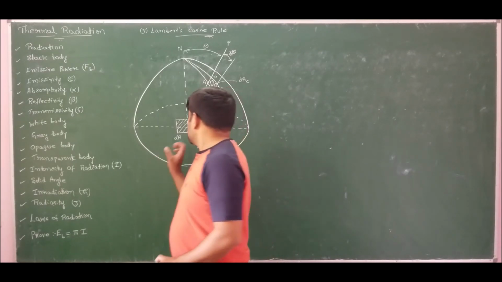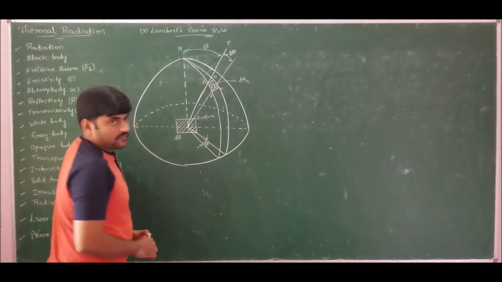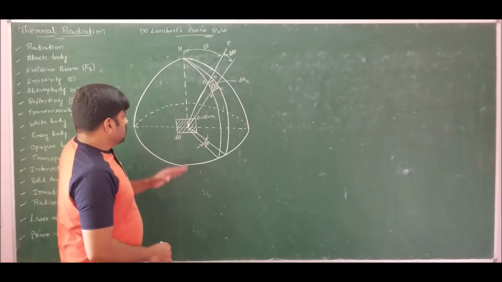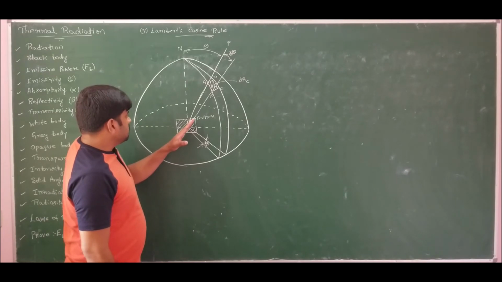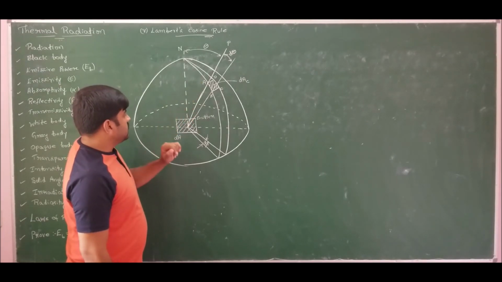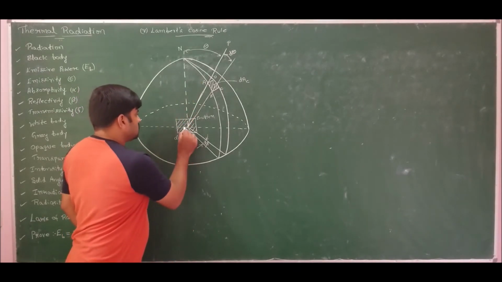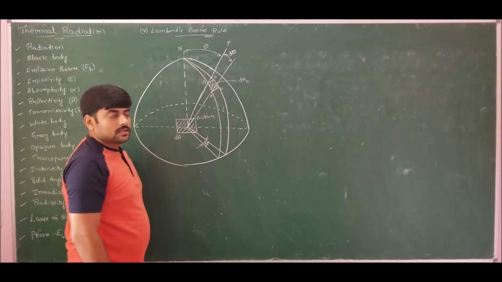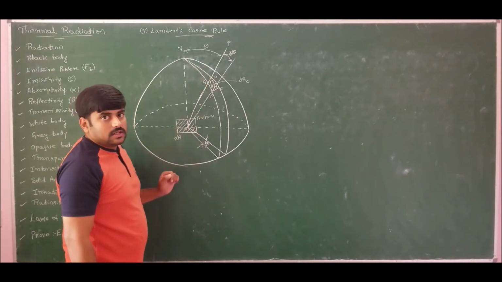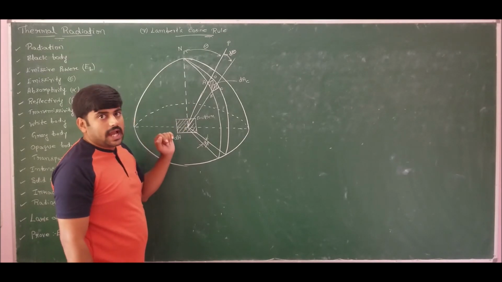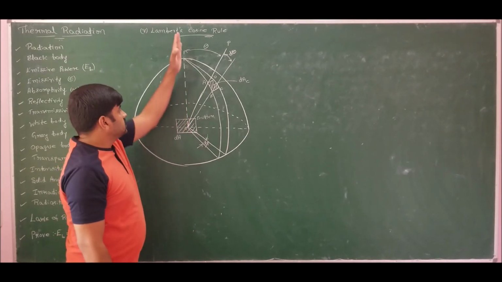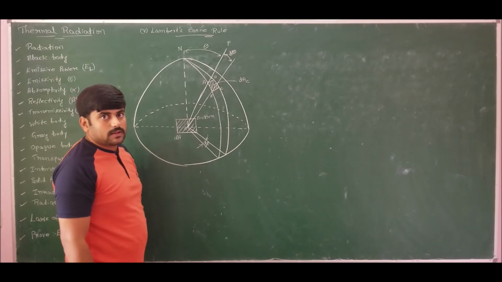Let us consider the surface dA as a diffuse surface. Then the radiation emitted in any direction, let us consider the direction OP, is proportional to the cosine of the angle between that direction and the normal to the surface. Let us consider ON as the normal.